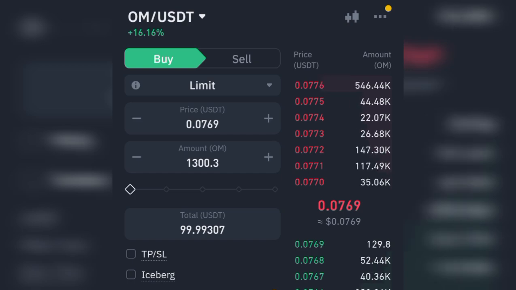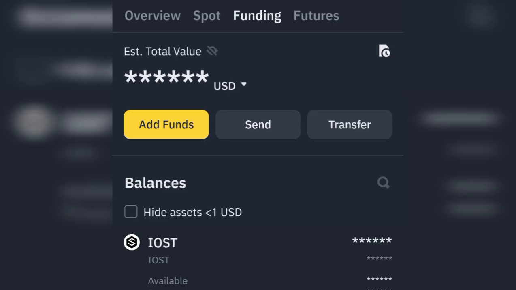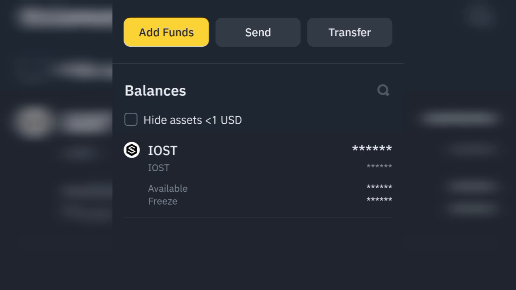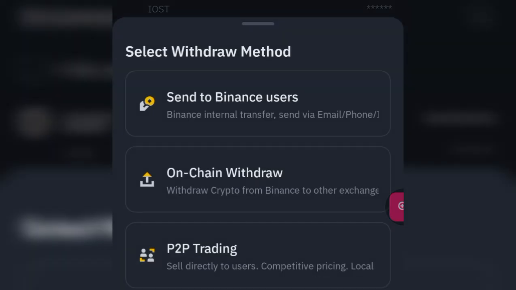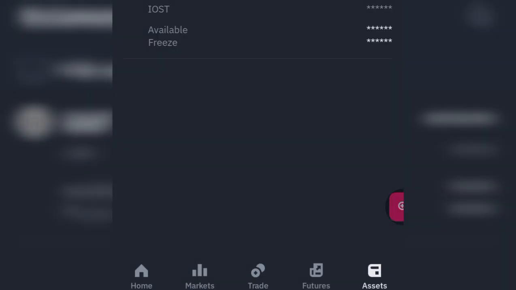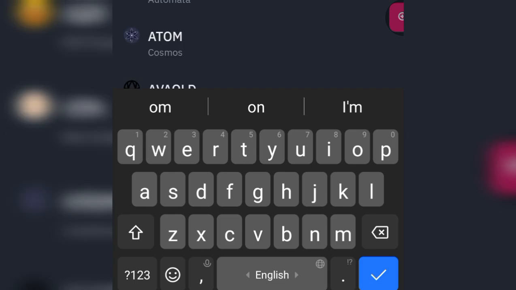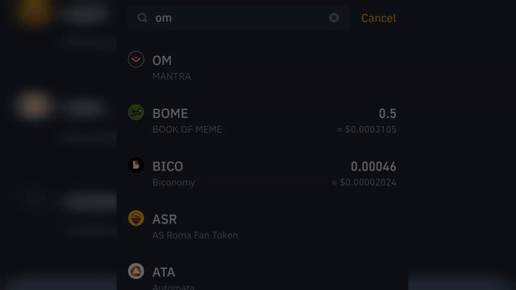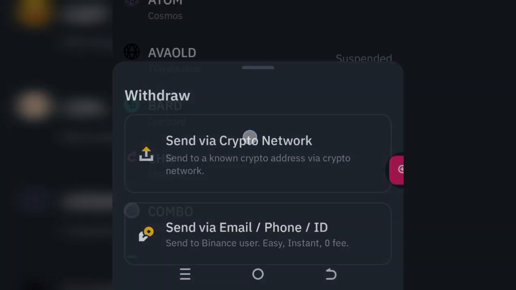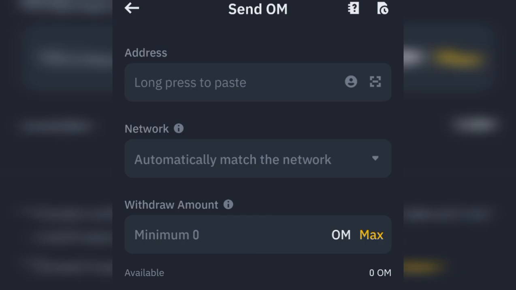But before we do that, let's check whether we can actually withdraw this. What is the price for withdrawing? It says on-chain withdraw, and then we put OM, and let's see how much it will give us. Let's send it via crypto, and then we check on the network.